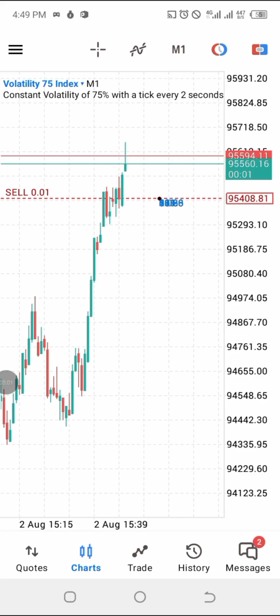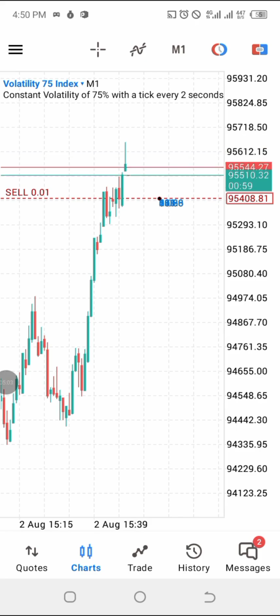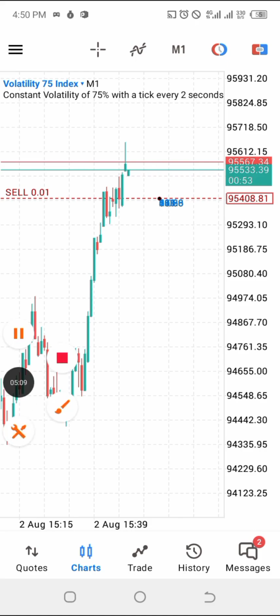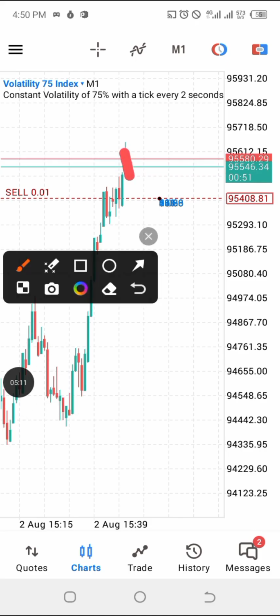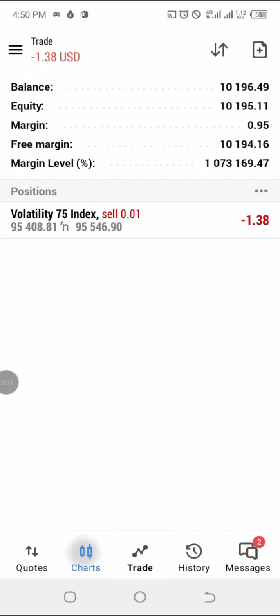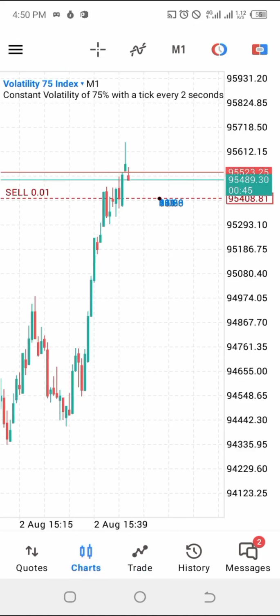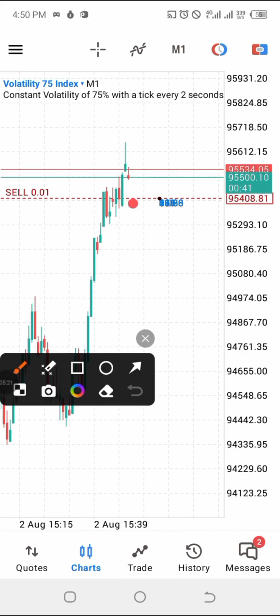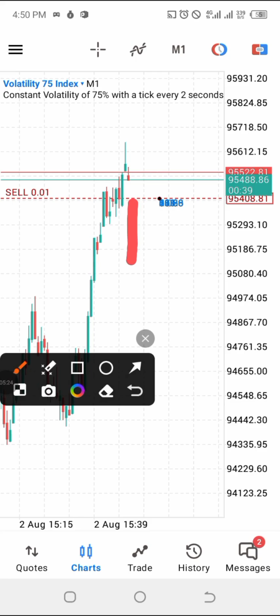All right. So to calculate stop loss, I sold now. When you sell and price is going up, as it's going up right now, you are in loss. But when you press sell and price starts going down, you are in profit.